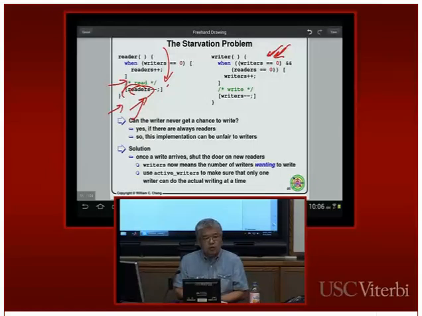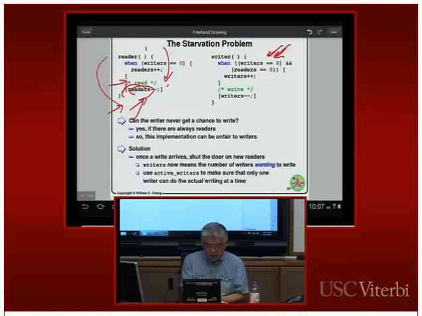So the solution over here: why do you end up having this particular problem? Well, you can say it's because the readers have higher priority than the writers. But I really haven't done any pthread code to enable priority. So why do the readers have higher priority? It's because of the way the code is written.